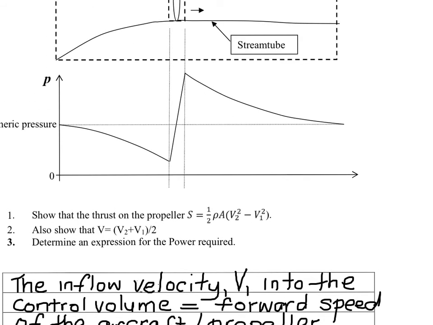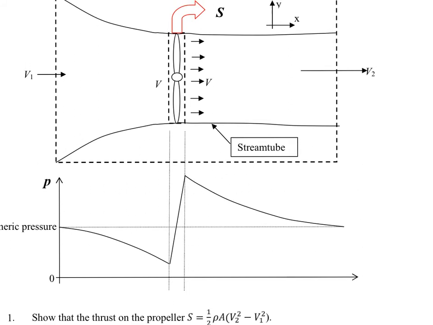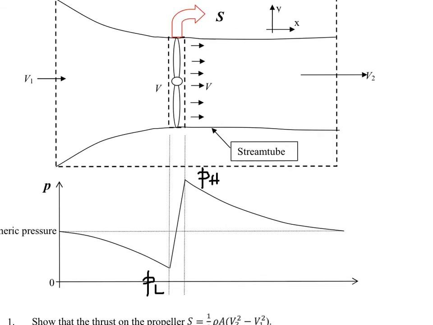Let's look at what our equation means. Remember, what are the pressures we are talking about? At the start, the pressure is atmospheric pressure. The pressure drops from atmosphere right until the lowest pressure, P low.